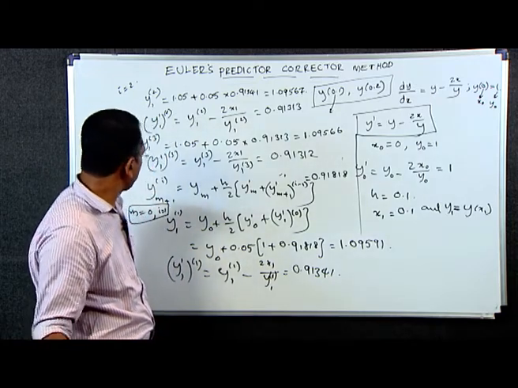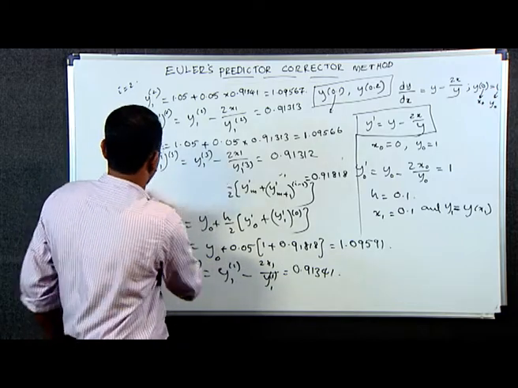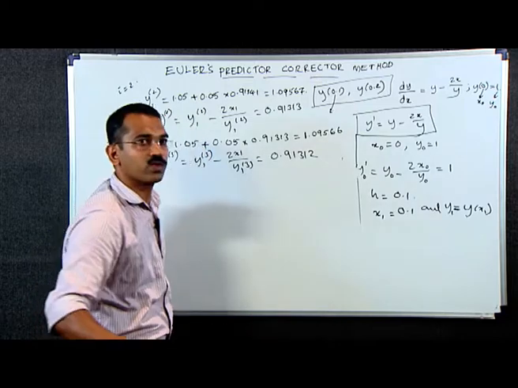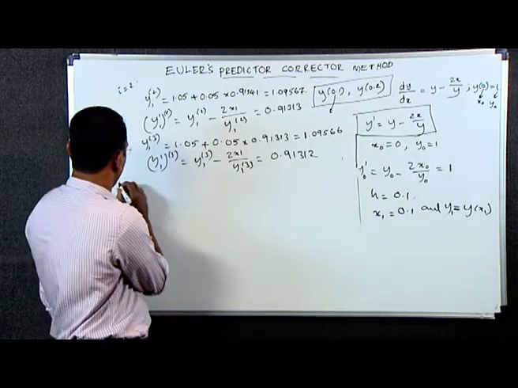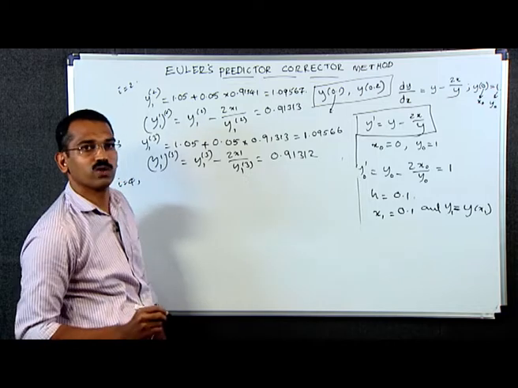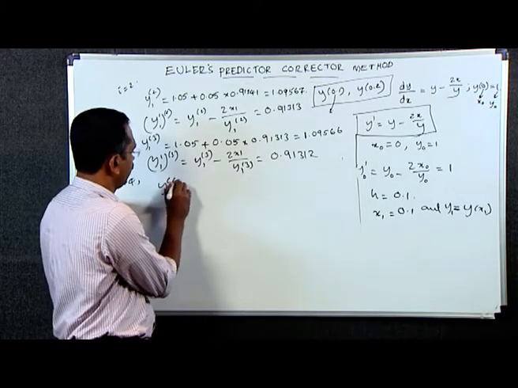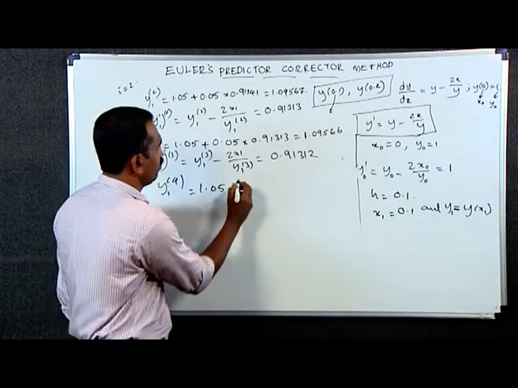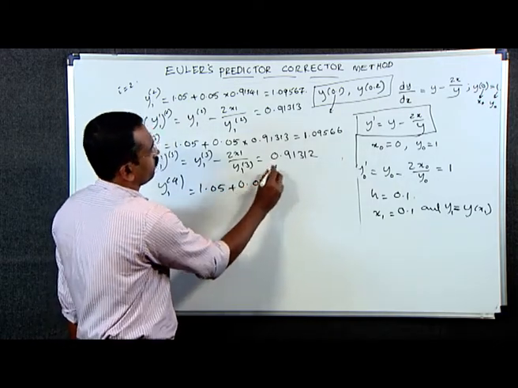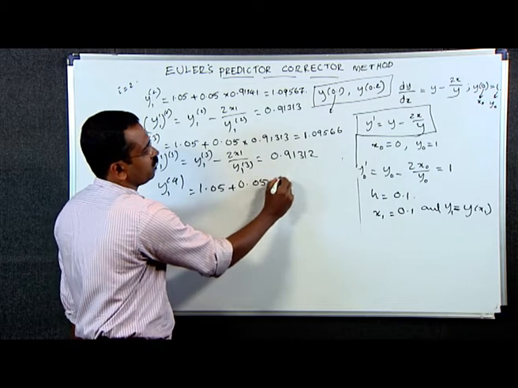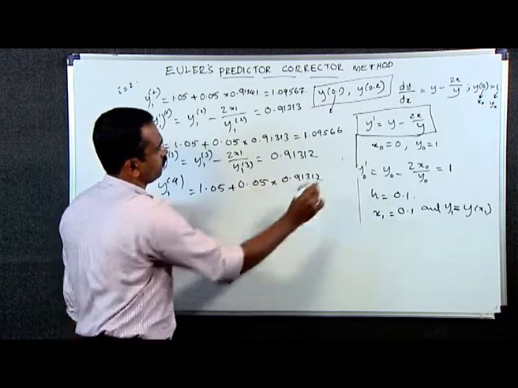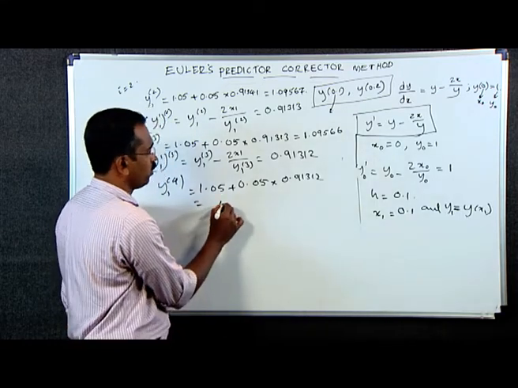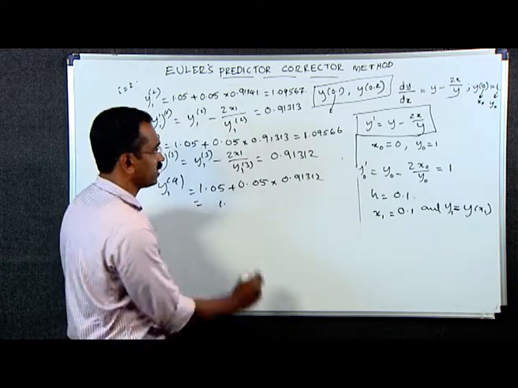Taking i equal to 4, we will get y1(4) as 1.05 plus 0.05 into 0.91312. On simplification, this is equal to 1.09566.